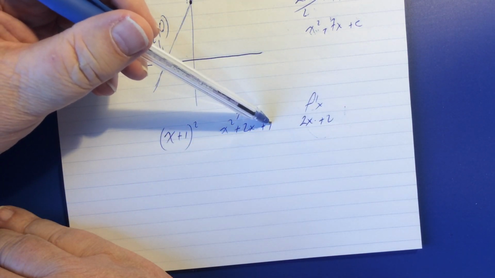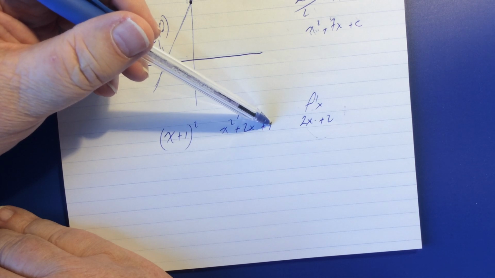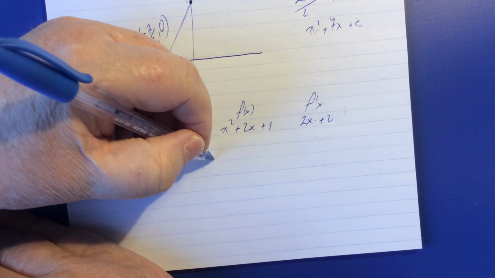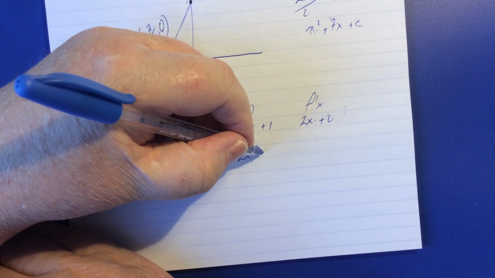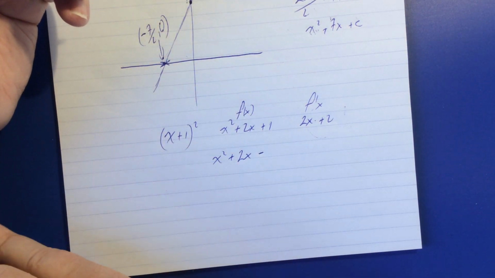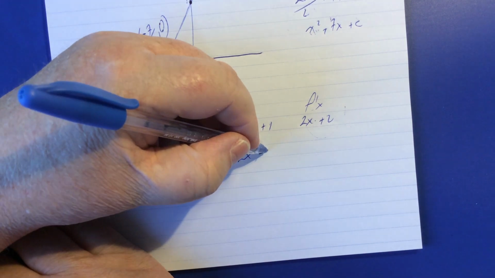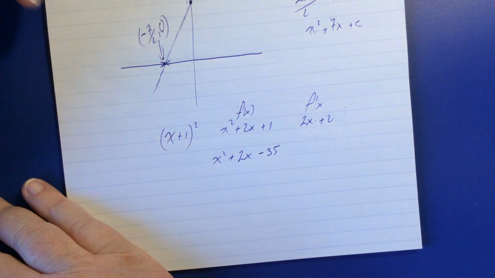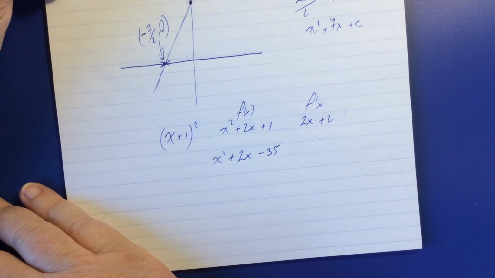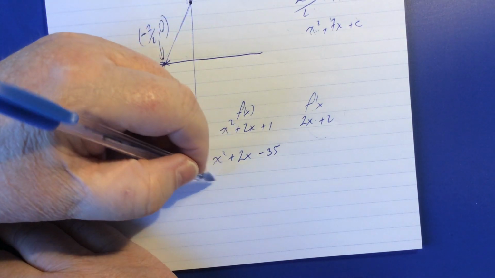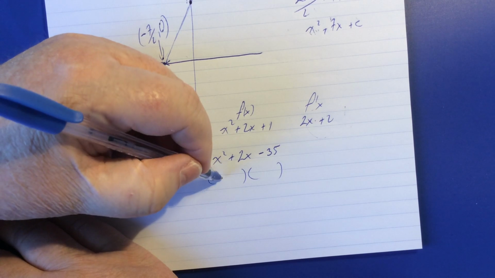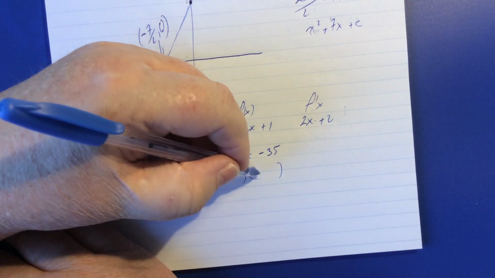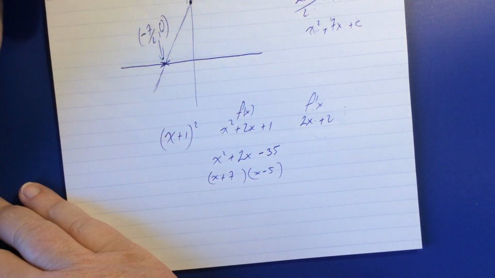Just let me give you a quick example. x squared plus 2x minus, let me think, minus 35. Now that factorizes as x plus 7, x minus 5.